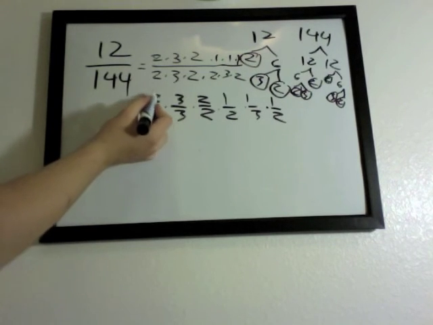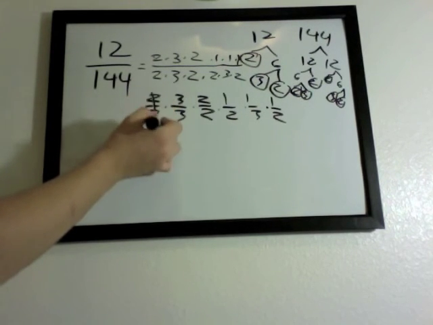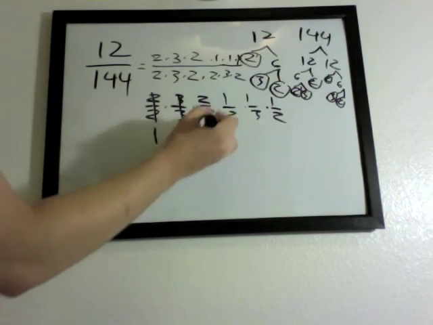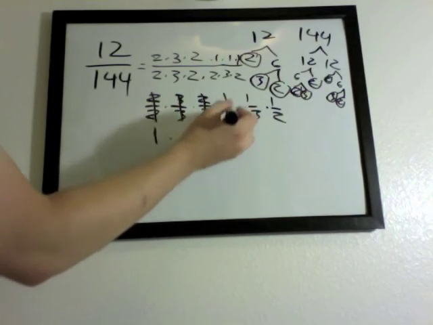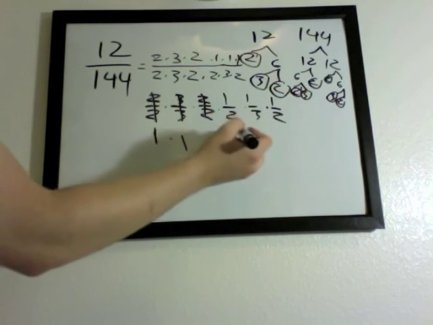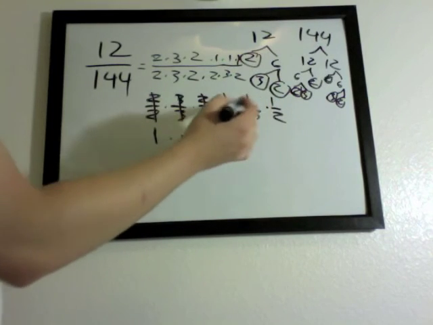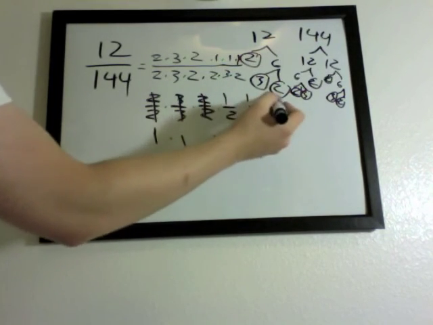And we know anything over itself is 1, so that just becomes 1. So we're just left with these. So what you do, again, to multiply any fraction, you just multiply top by the top.